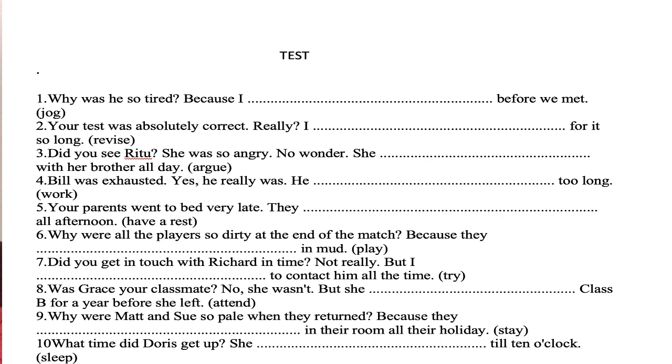Did you see Ritu? She was so angry. No wonder she dashed with her brother all day. Bill was exhausted. Yes, he really was. He dashed too long. Work. Your parents went to bed very late. They dashed all afternoon. Have a rest.